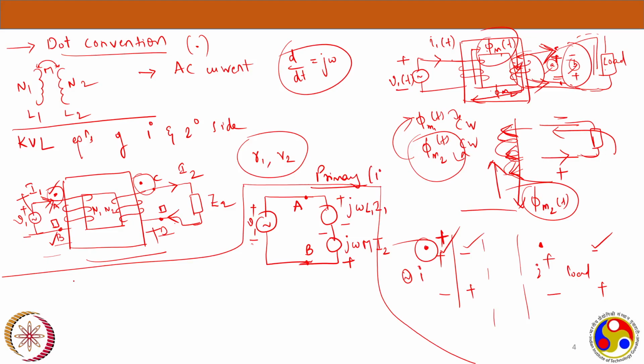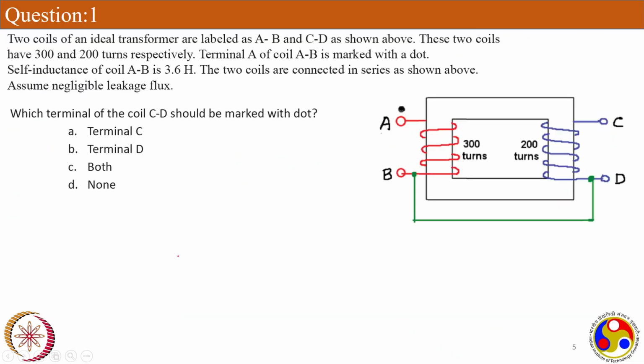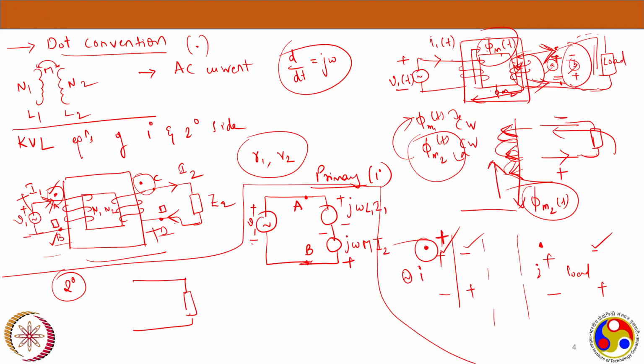Now, similarly, if you try to do the secondary side equivalent circuit, and I have a load here, that is Z2. Z2 can also be represented as a voltage, that is V2, which is nothing but I2 and Z2. I'll represent this as V2 here, with plus and minus. Because I know there's a current flowing through the Z2, it's a V2 here.